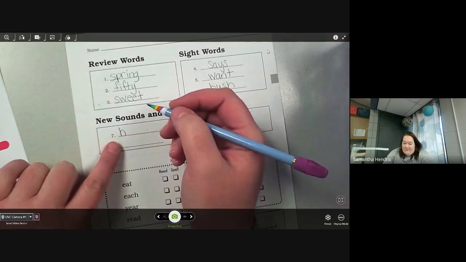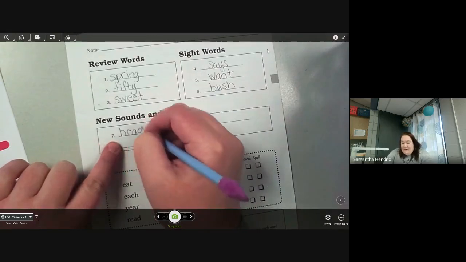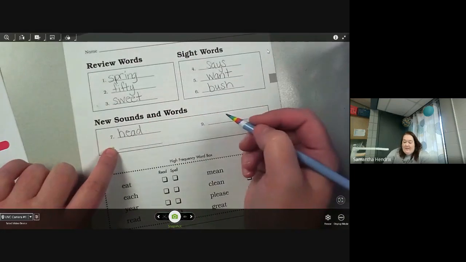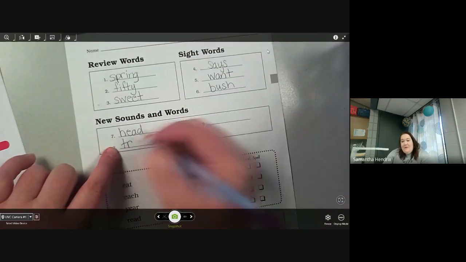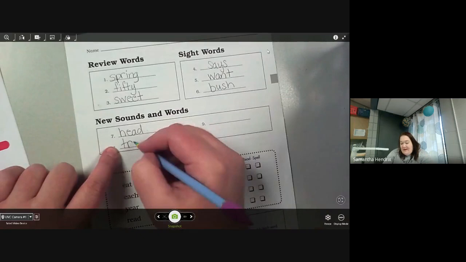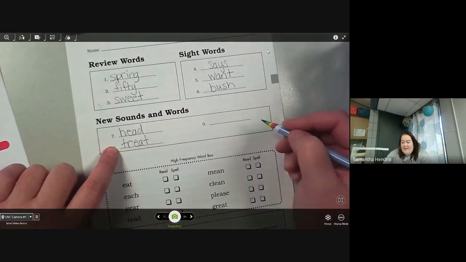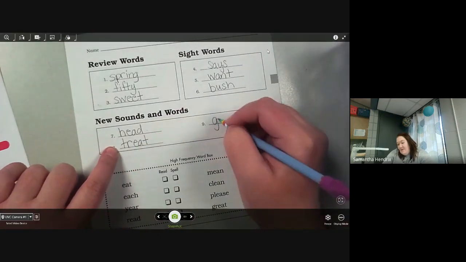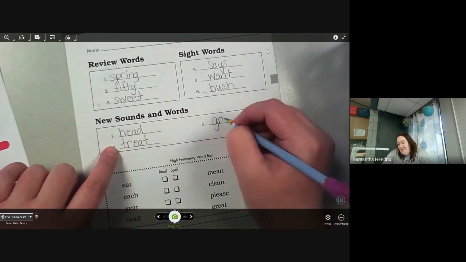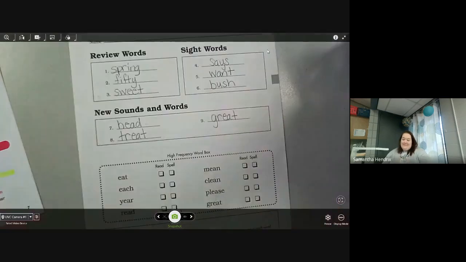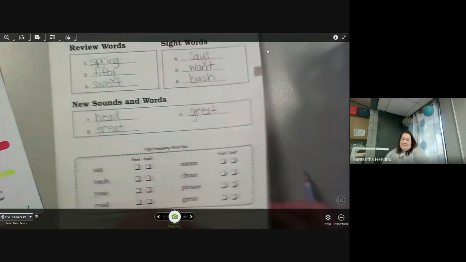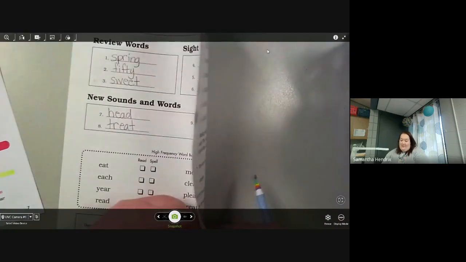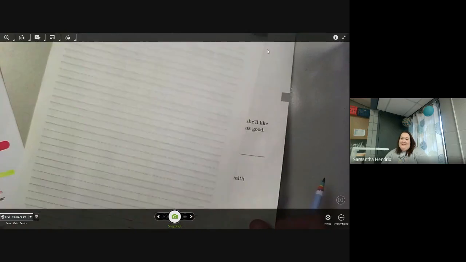It's going to be digraph. So digraph, okay. Treat. It's going to be our new sound, EA. And then great. New digraph, 8. Good job. Practice these. Read and spell them. Ooh, you get to write lots of sentences today.